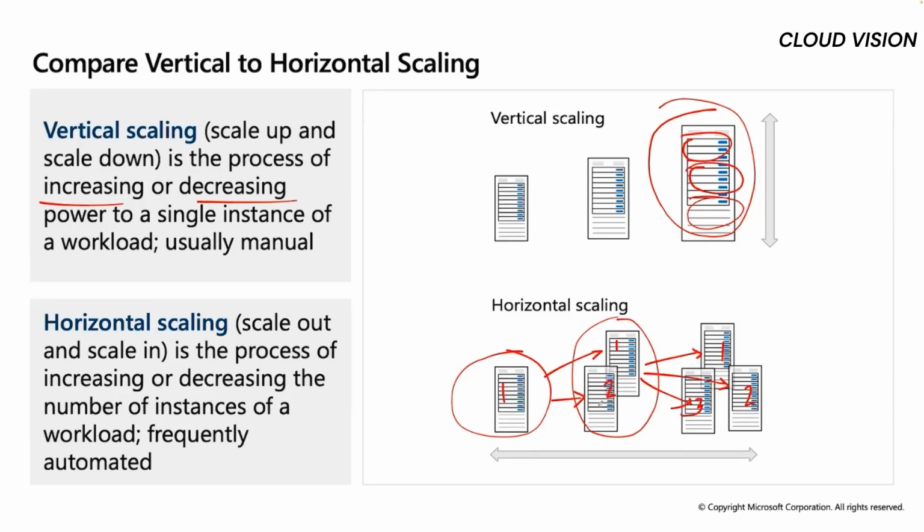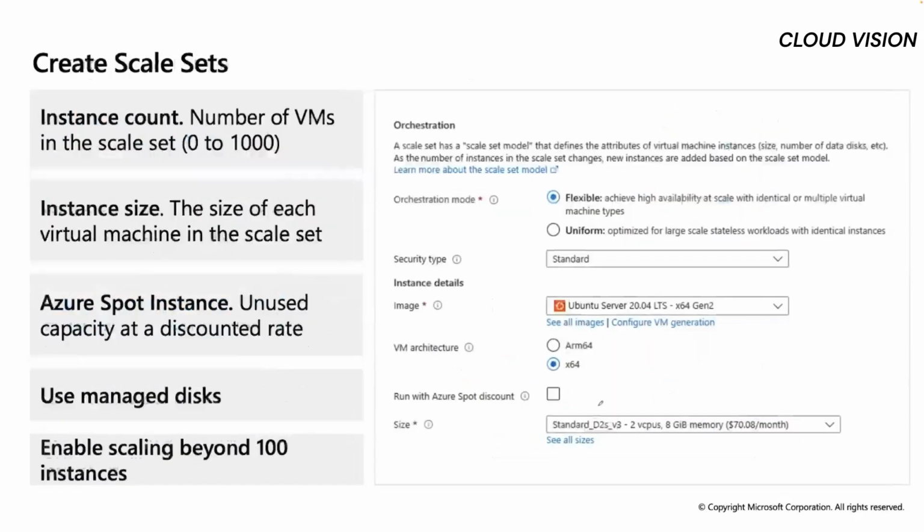That's how it increments one by one, and this is what we will see in the next screenshot. When you're creating a scale set, the number of VMs in the scale set can be 0 to 1000, and there are other parameters to keep in mind.